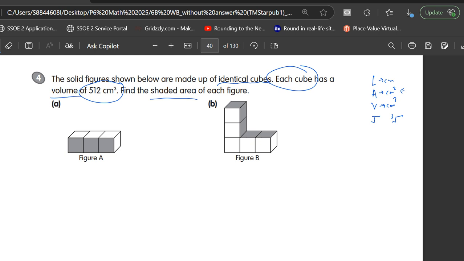So I know that each cube has a volume of 512. So the one cube, the volume is 512 cm cubed. So I can apply cube root to find what? The length of one side of the square face.